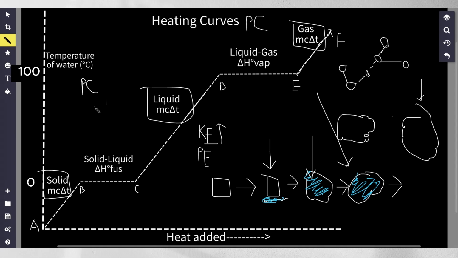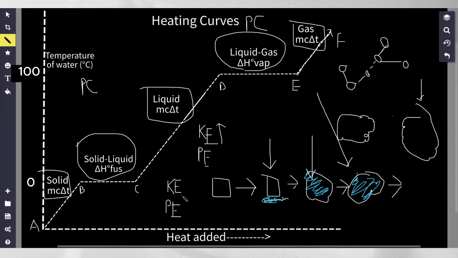Now, what happens in the phase changes? So now we're talking about liquid to gas, solid to liquid. What is happening to the kinetic energy, and what is happening to the potential energy in this case? Well, our kinetic energy is going to be constant.